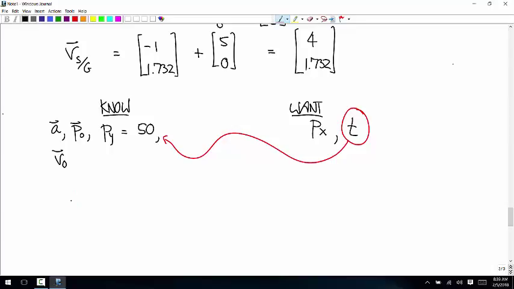So I think this is the same pair of equations we used before. Py is equal to P0y plus V0y t plus the accelerations are all 0, so that goes away.